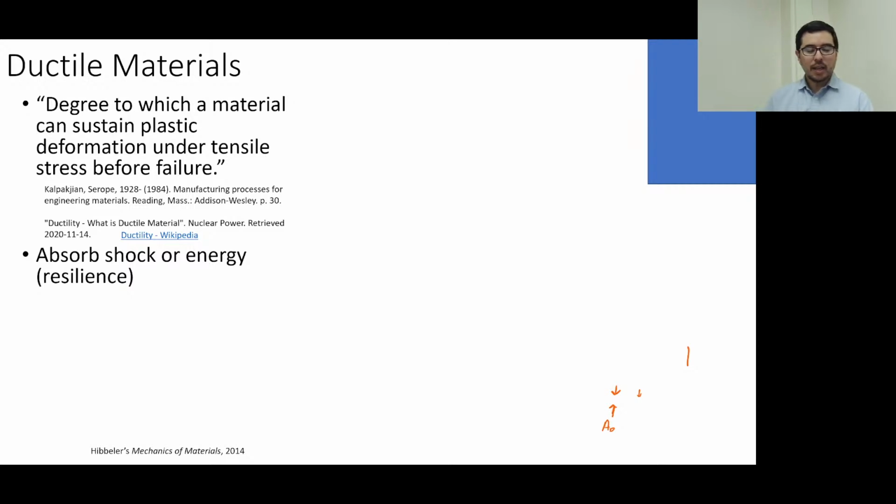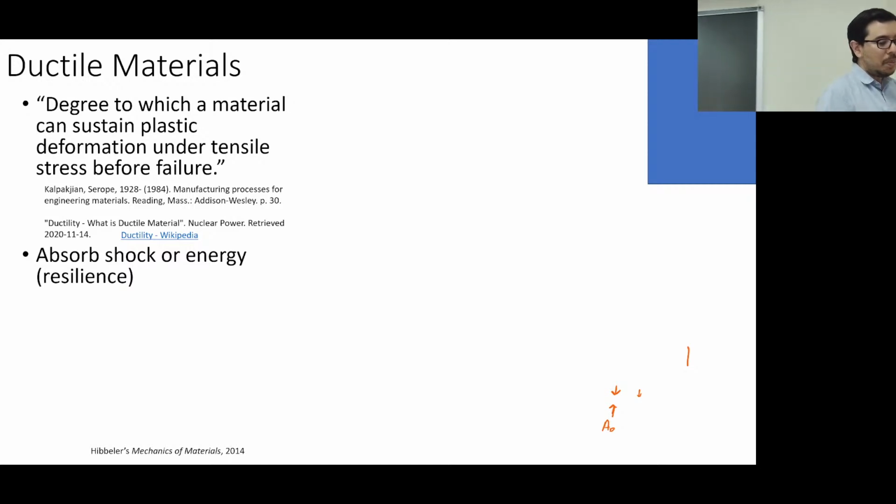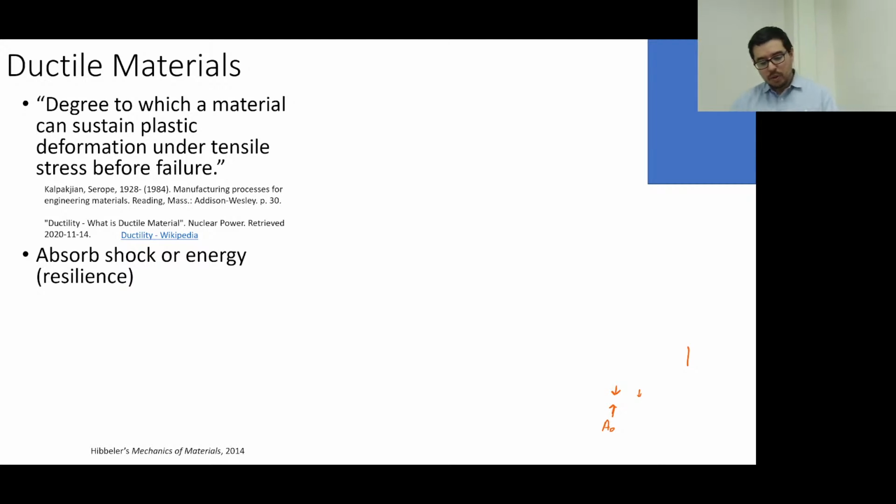That's a brittle material. And in this idea that you are able to have plastic deformation, we have this toughness, which we'll talk about. But before you start to go plastic, we also have something that we think of as resilience, okay?